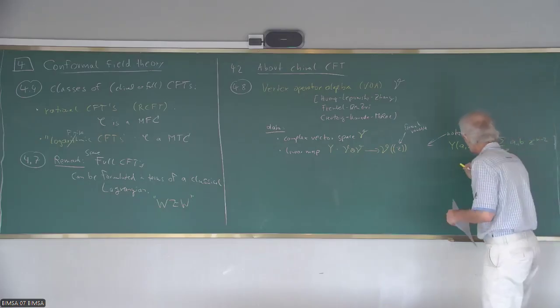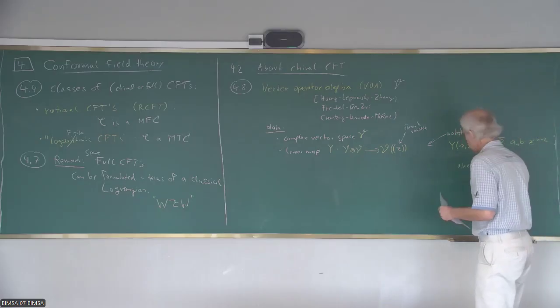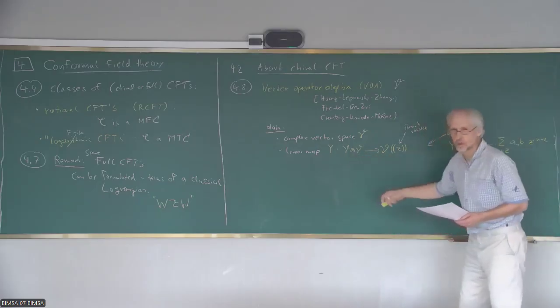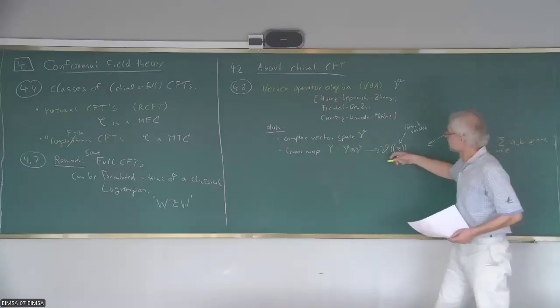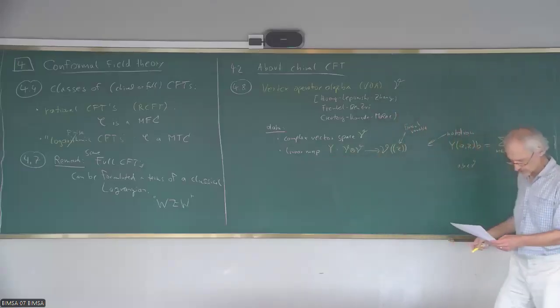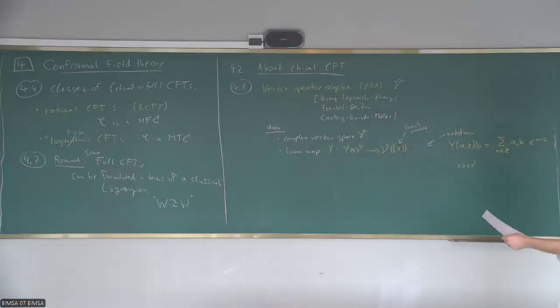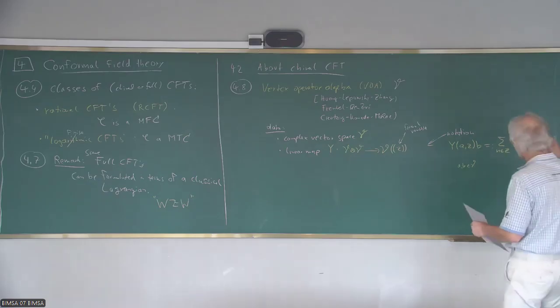Here a and b are vectors in V. They correspond to the two copies here. z is the formal variable, which I do not, by the way, indicate.